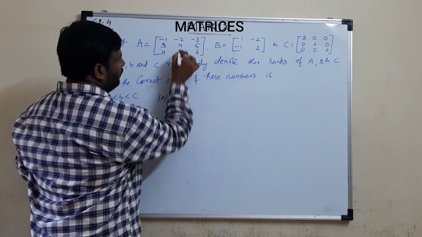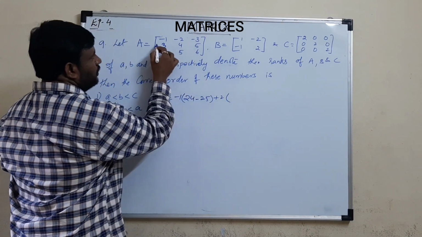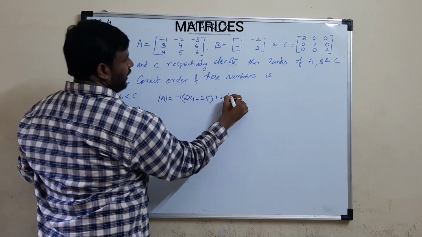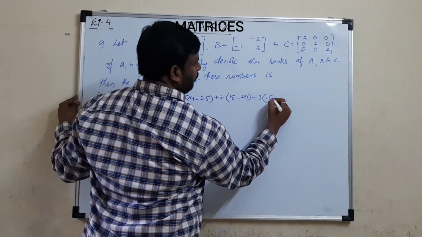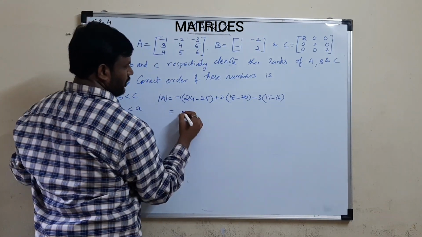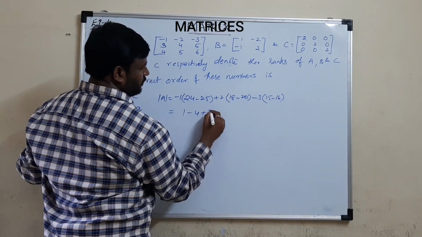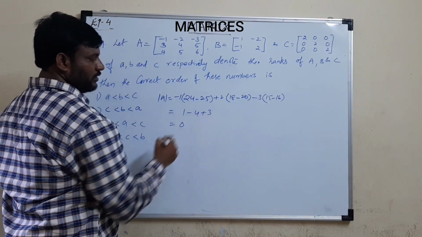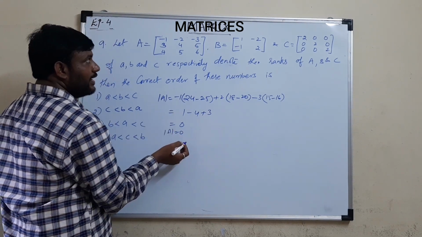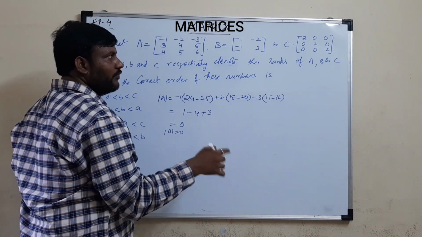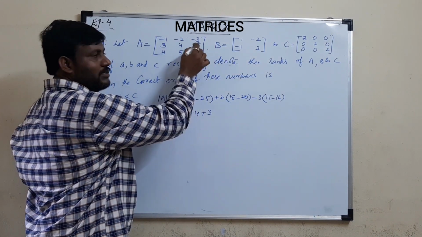When I go for the determinant directly: 24 minus 25 minus of minus 2 plus 2; second column, 18 minus 20 minus 3, 15 minus 16; and so on. You get determinant of A equal to 0, which means A is a singular matrix.